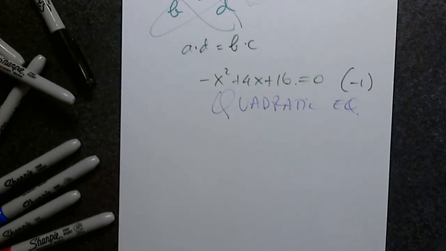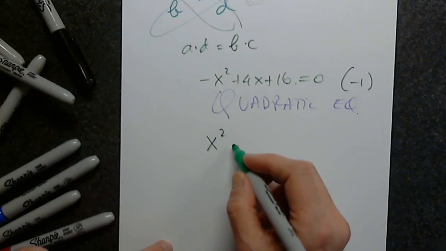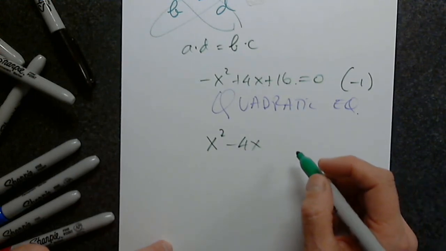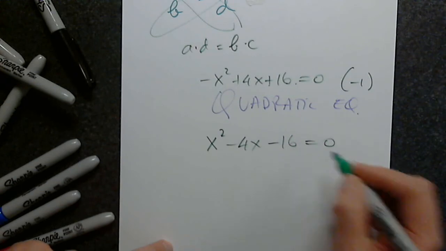Do you have to multiply by negative 1? No. But if you don't do it, it's going to be more difficult. So when we multiply both sides by negative 1, can anyone dictate? Excellent. Minus 4x, excellent. Minus 16, excellent.